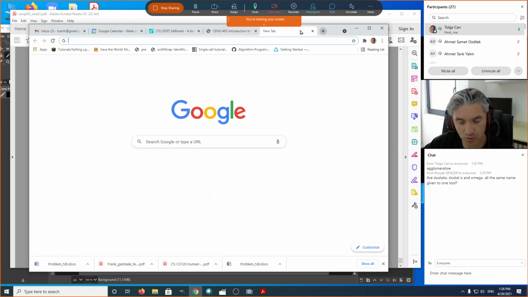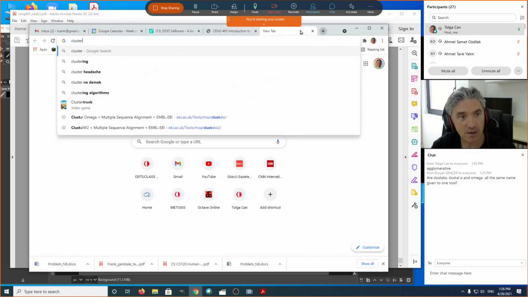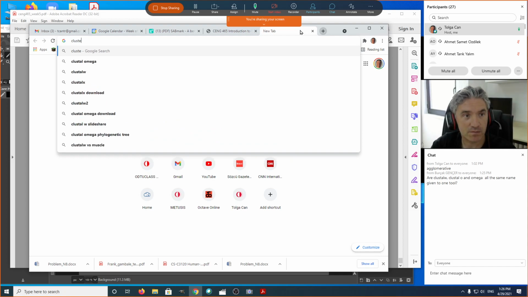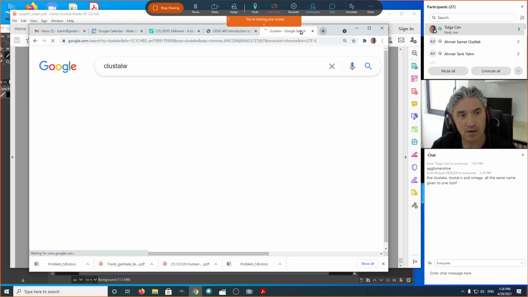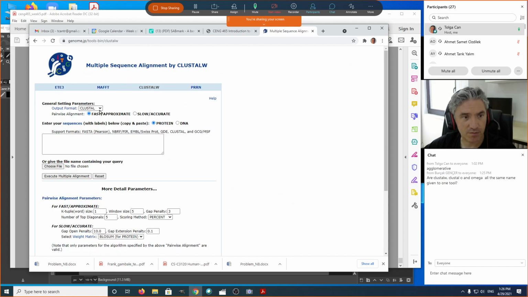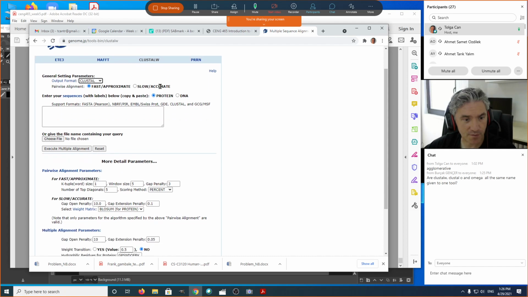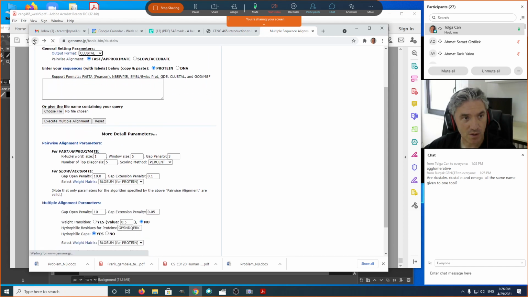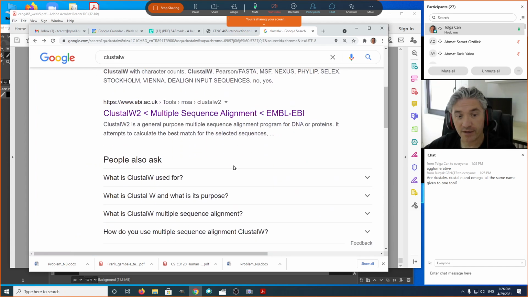Developers of these tools continuously improve them. There's also a link to the Clustal W output format. Let's see whether they have a version here. No, but yeah, they're different.